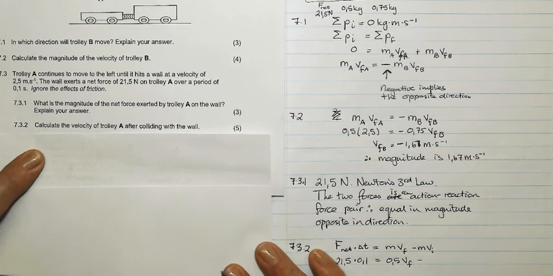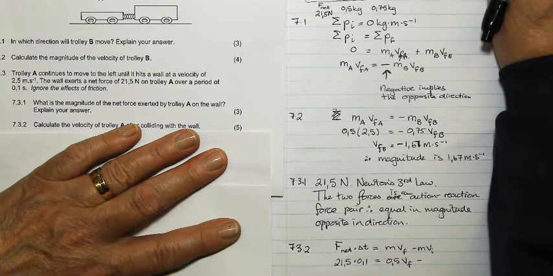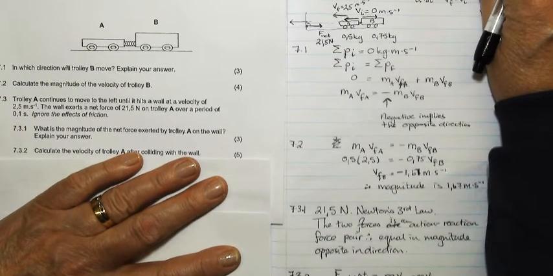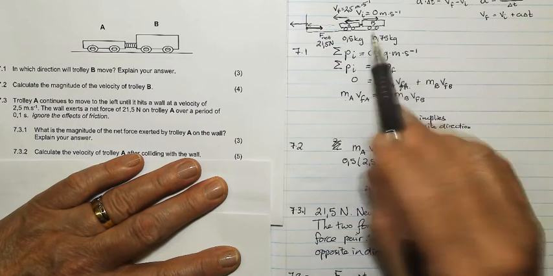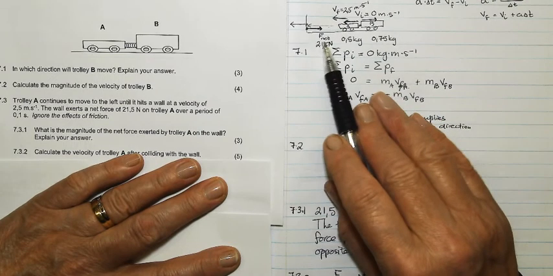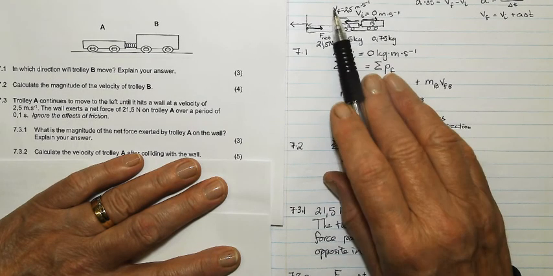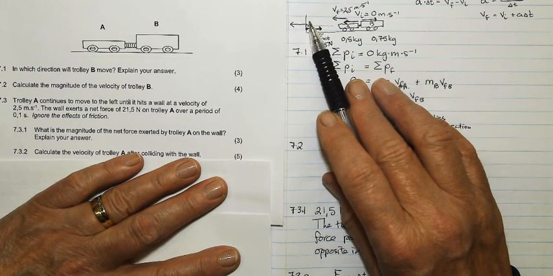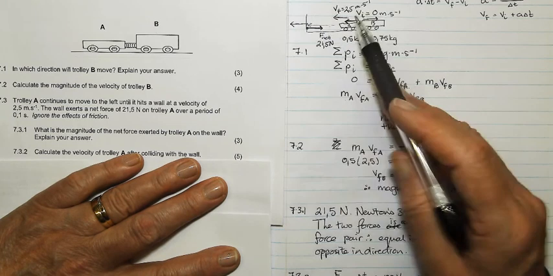Now here we need to go back to our diagram, and because we have vector quantities, the force is to the right and the initial velocity with which it hits the wall is to the left. So we need to make a decision here.